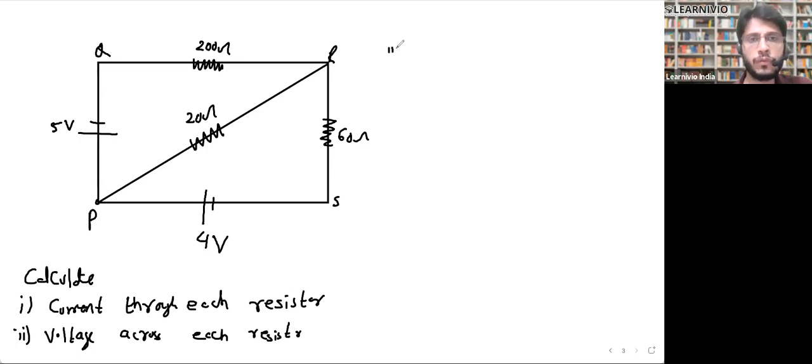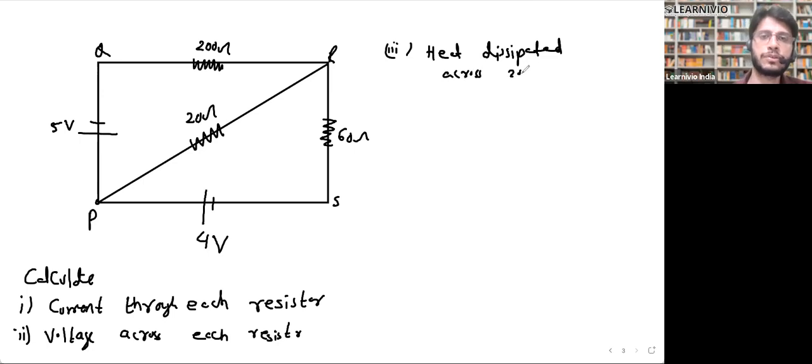After voltage, we will also try to calculate the heat dissipated across the 20 ohm resistor. Then we will also calculate the potential difference between any two random points like Q and S. We'll try to get the value of the potential difference across Q and S.